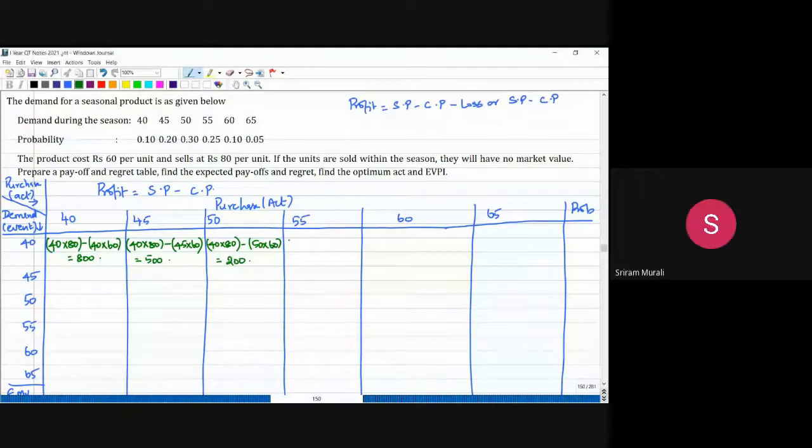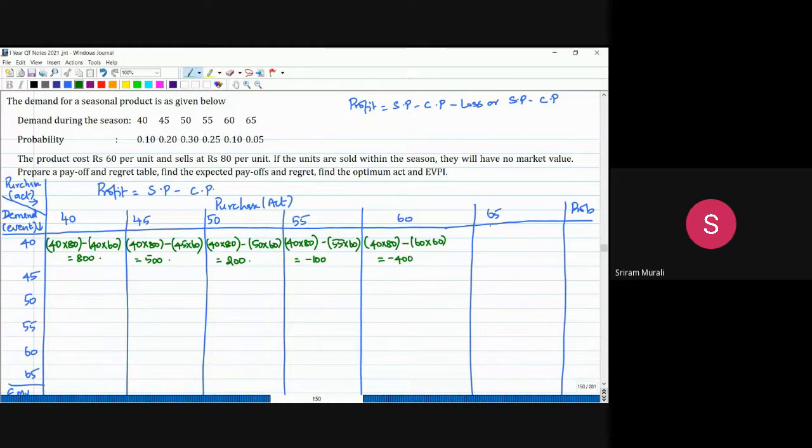The same way, 40 into 80 minus 55 into 60, so I get minus 100. In the same way, 40 into 80. I don't have any unsatisfied demand loss in this problem, that is why I didn't subtract any loss in this question. This is 60 into 60, therefore I get minus 400.